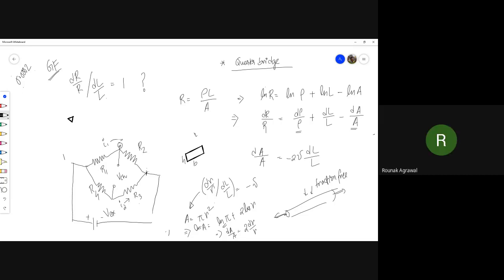Yes, sir. Okay. So here comes the final expression for the gauge factor, which is, by definition, dR divided by R, dL divided by L, equals 1 plus twice nu, plus this quantity. So if nu is 0.25, typically for metals it is between 2 and 3, this thing becomes nearly 1.5.